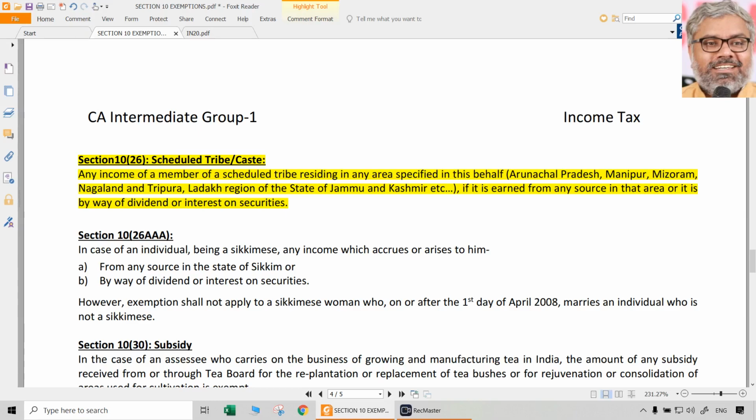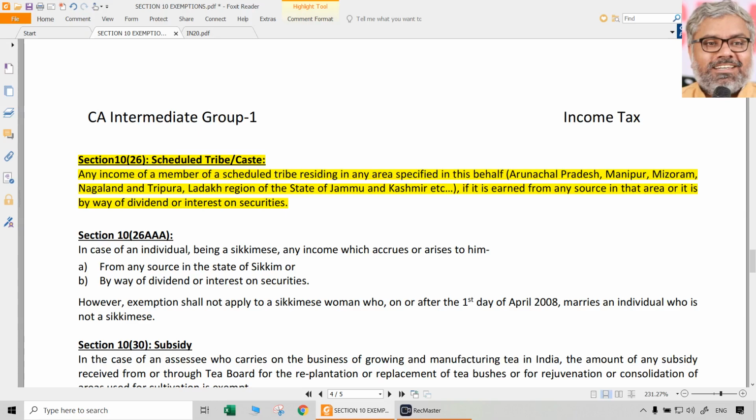If any member of the scheduled tribe is having some income, and if it is earned from any source in that area, or it is by way of a dividend or interest on securities, then that is exempt, completely exempt. So if a person who is a member of a scheduled tribe residing in those specified areas, mostly the northeastern states and the Ladakh region of Jammu and Kashmir, if that person is earning income there, entire income is exempt.